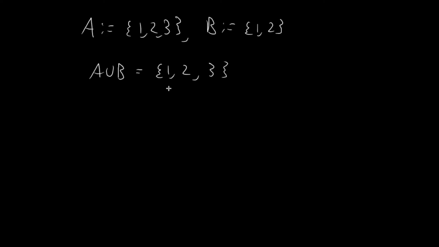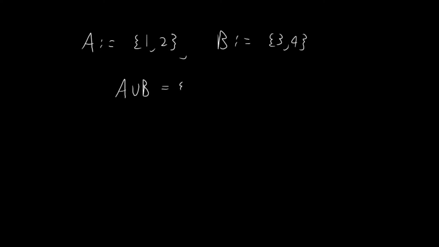That's because both 1 and 2 show up in both A and B, and then the number 3 shows up in the set A. And so that's why these three elements are in A union B. For this particular example, there are no elements in A union B that only show up in B. 1 and 2 show up in both A and B, 3 shows up in A, but there are no elements that only show up in B. So this is slightly different from the previous example.